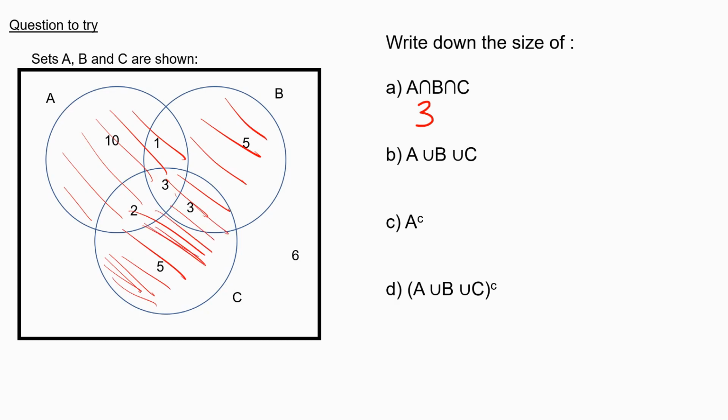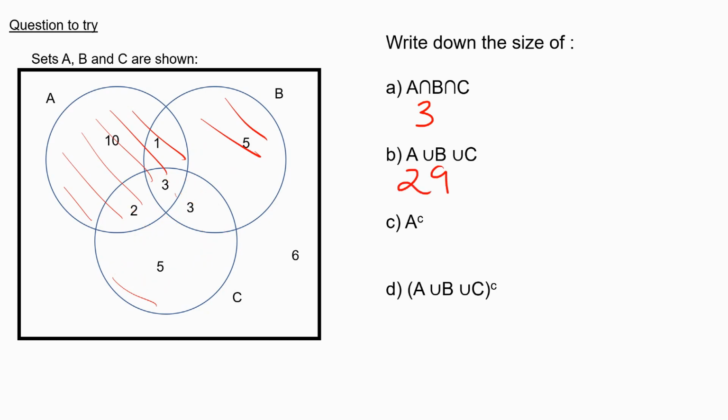So that's everyone inside the circles. So we just need to count. We have 10 plus 1 plus 5 plus 2 plus 3 plus 3 plus 5, which is 29. Let me do that again. 10 plus 1 plus 5, 2 plus 3 plus 3 plus 5, which is 29.